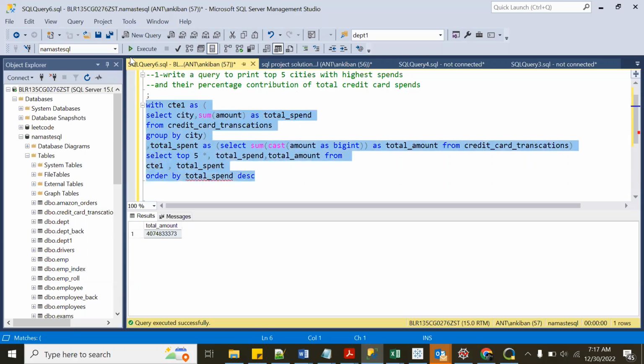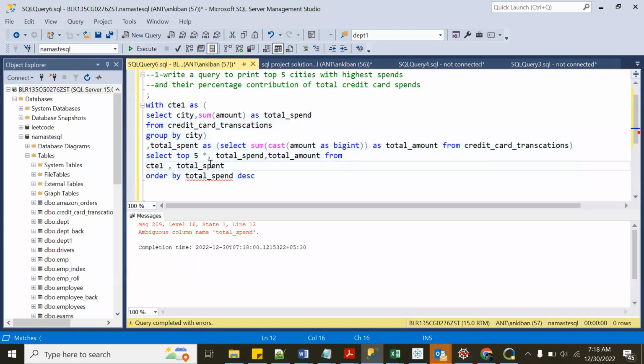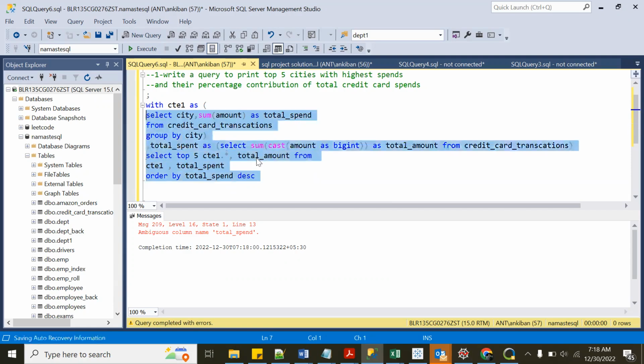Let's see. Star is not needed, I guess. Oh, top 5 CT1 dot star. I got it. When I say star, it is basically coming two times. Total spend is not required here, right? Okay. Now it is fine.